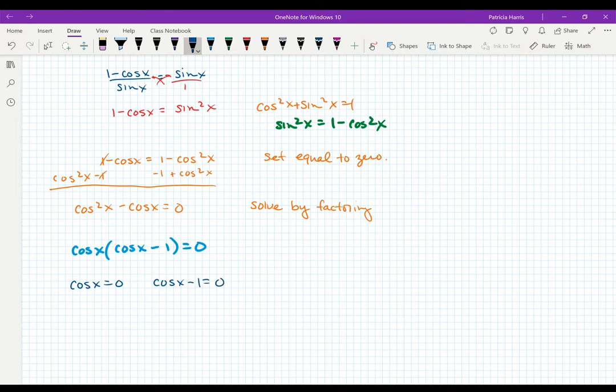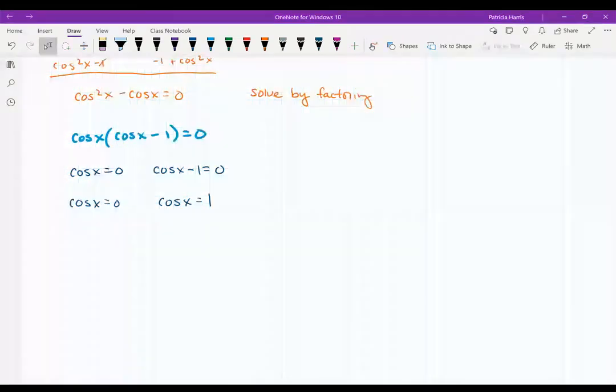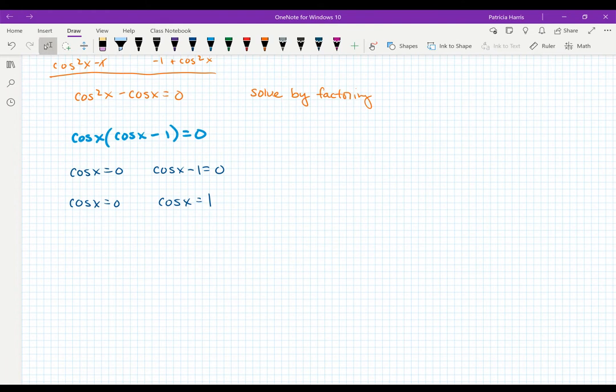Okay, so I have cosine x equals 0 and then cosine x equals 1. So I'm going to ask myself, what angles will give me a cosine ratio equal to 0, and what angles will give me a cosine ratio of 1 on the unit circle, because I'm only looking from 0 to 2 pi.